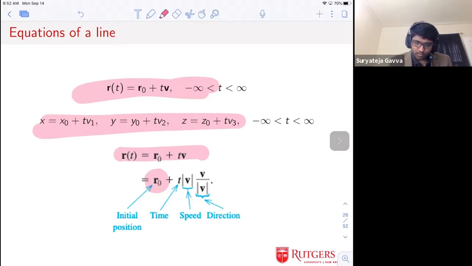If you imagine a particle moving along that line, R0 plus TV gives you the motion of the point along that line, T is the time after which you will be at that point, and V is the velocity. The velocity can be split as the speed, which is the magnitude of that velocity, times the direction of that velocity.